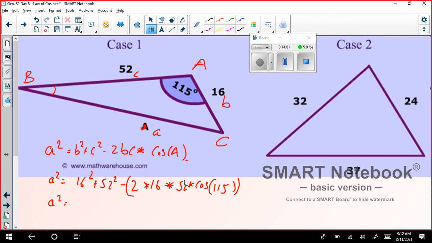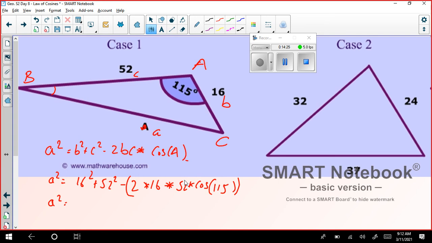16 square plus 52 square minus 2 times 16 times 52 times cos of 150 degrees.